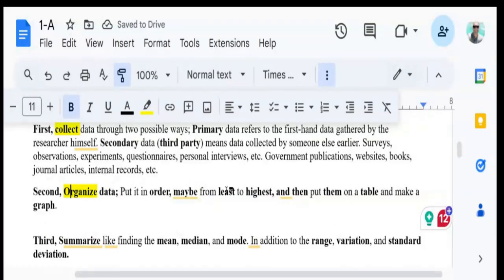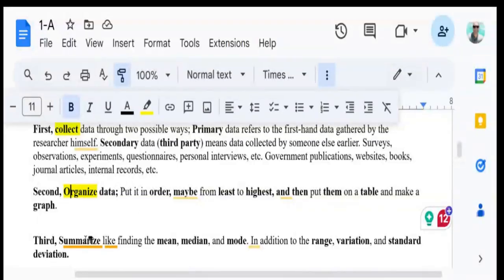I can put the data in order. What type of order? Ascending order or descending order, from least to highest, or the opposite, from highest to least. Also, you can put them in a table. Also, you can graph them.